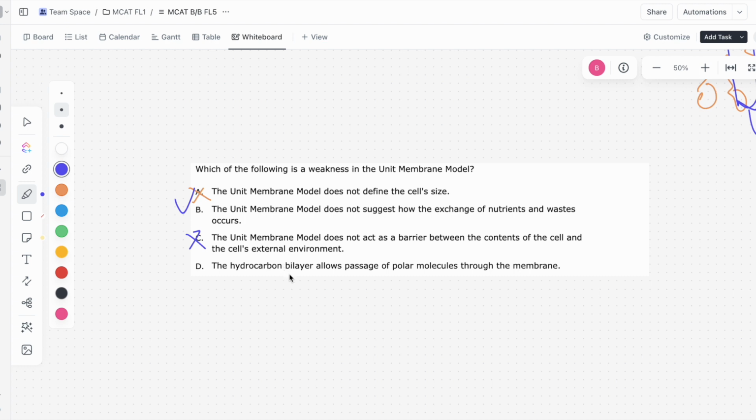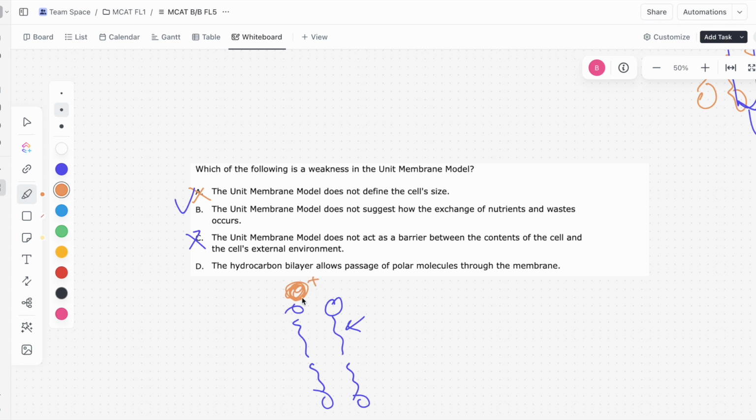And finally, D says the hydrocarbon bilayer allows passage of polar molecules through the membrane. As I've alluded to before, the hydrocarbon bilayer, so these hydrocarbon tails, let's say I have this bilayer right here, you can't have a polar molecule get through, right?